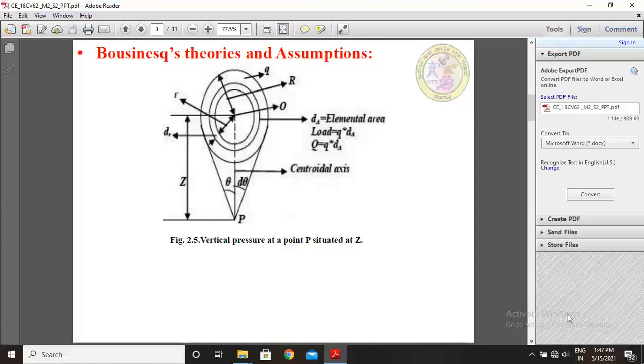In these types of cases, how is vertical stress calculated at a depth z? See, this is the diagram.